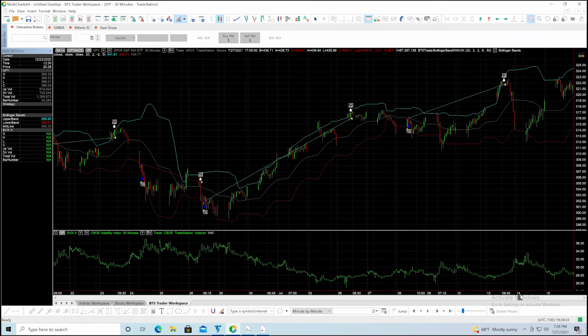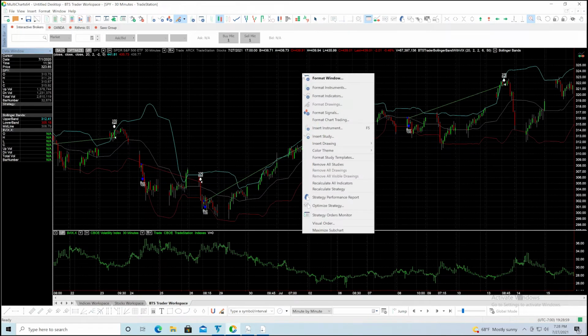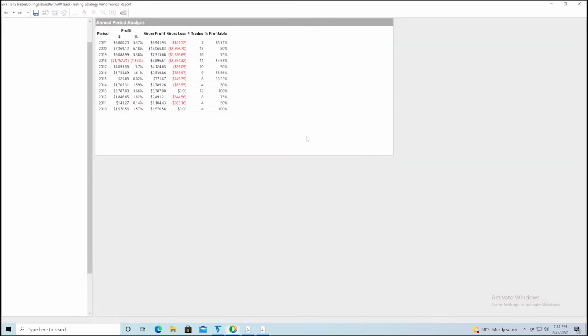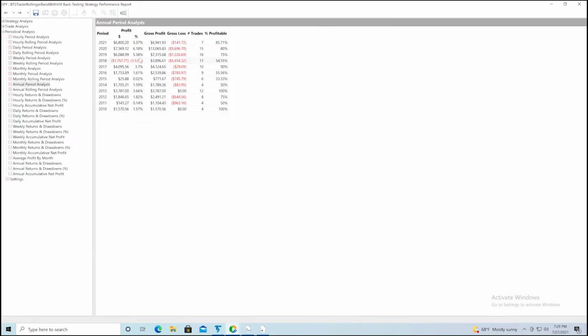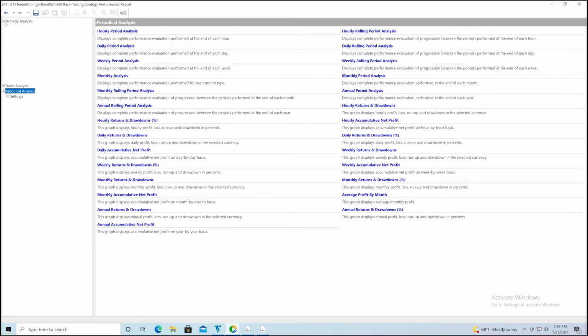Maybe in algorithmic trading, it could be considered overfitting. But for this test, it showed that if we don't trade when the VIX is over 50, we have substantial improvement. So I'll show you right now what the strategy performance report looks like now. This looks good already, but let's just start from the top.